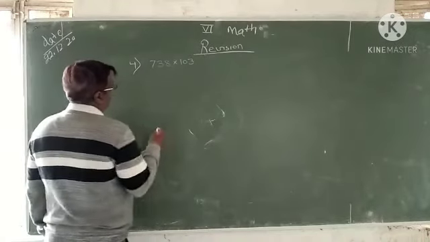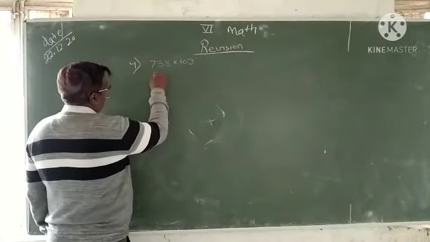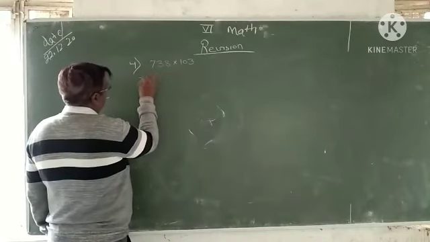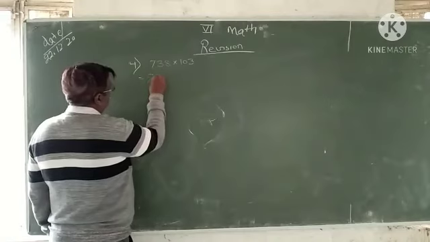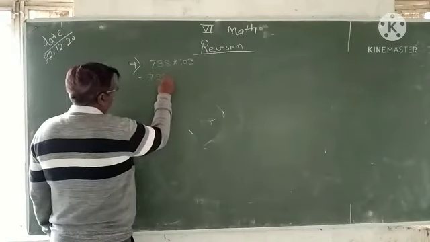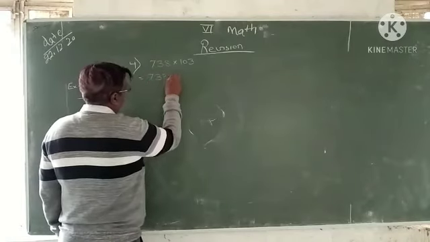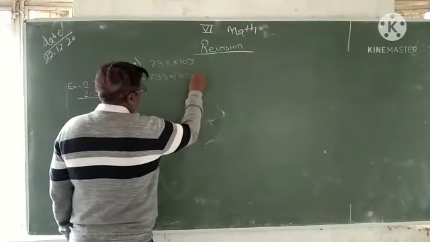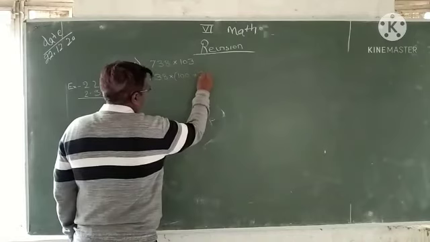For 738, we can do it in this way: 738 into 100 plus 3.